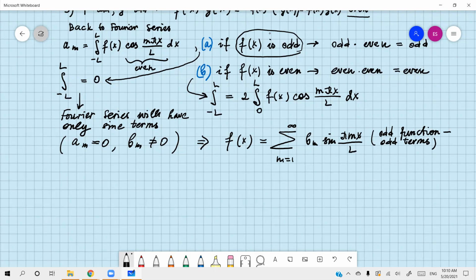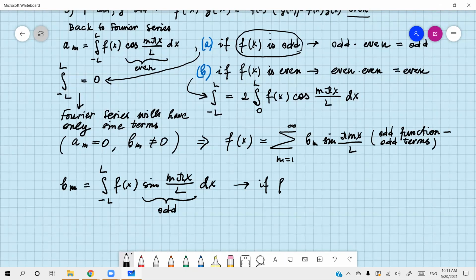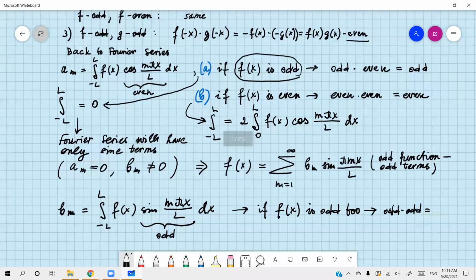Now, let's consider coefficients b_m. b_m are going to be the integral from negative L to L of f of x sine of m pi x over L dx. Sine is an odd function, right? So what is going to happen? If f of x is odd too, we are going to have odd multiplied by odd, and that was case number 3.